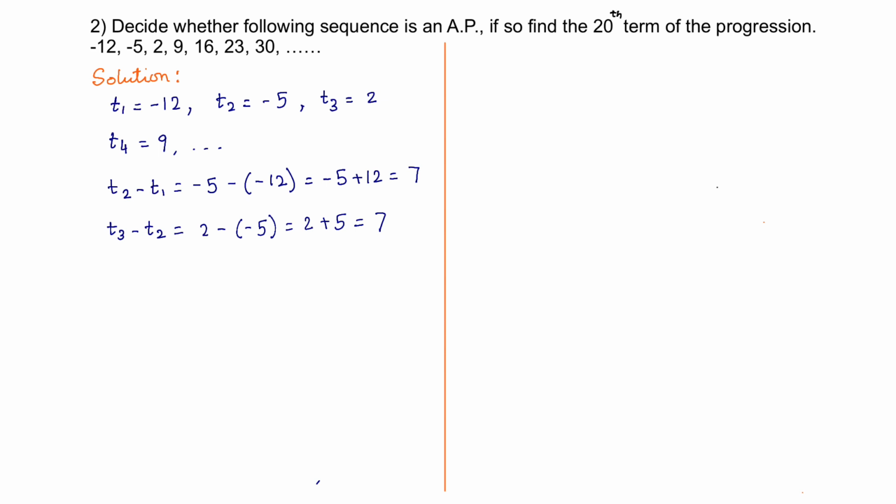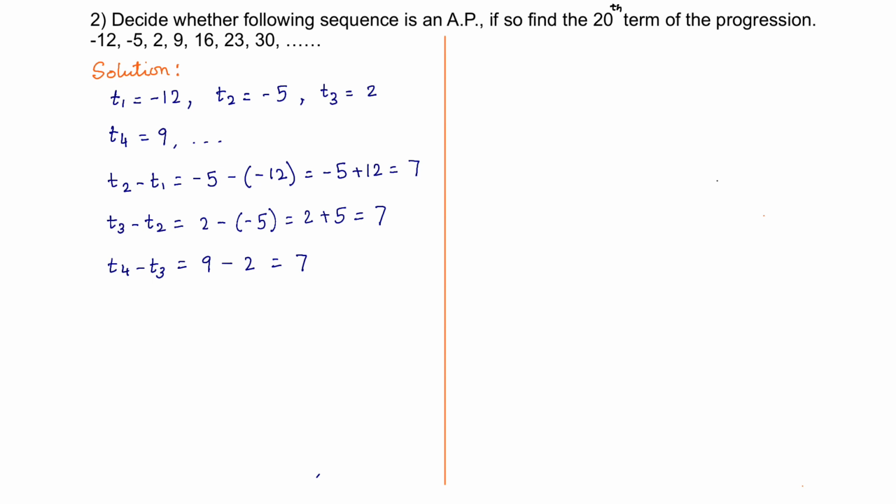So let us find the difference between the third and the fourth term. To find it, we will subtract the third term from the fourth term. Third term को हम fourth term में से subtract करेंगे. The fourth term over here is 9 subtracted by the third term, 2. So 9 minus 2 is also 7.